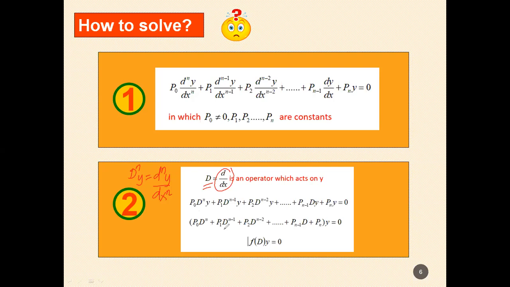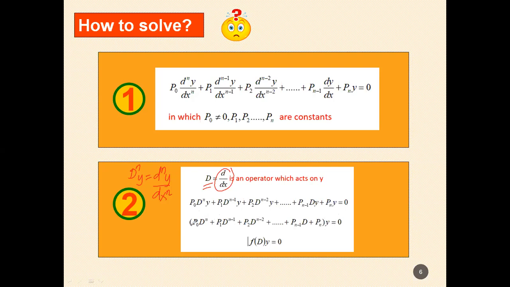Now you can write it even in this manner, simplified, where your unknown function y is factored out. So you have p sub 0 d raised to n plus p sub 1 d raised to n minus 1, and so on until you have the last term, which is p sub n.